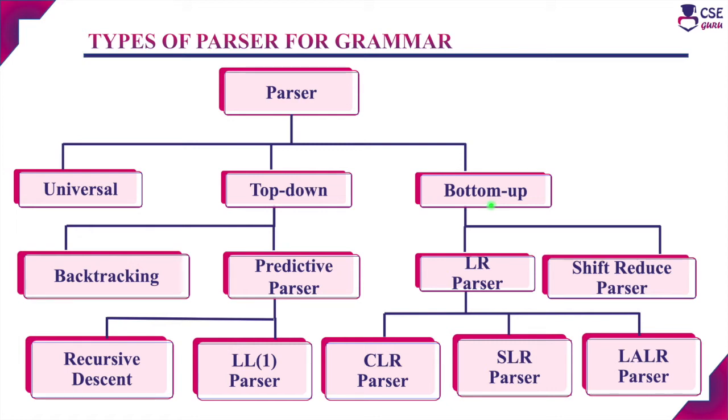This bottom-up parser uses the reverse of the rightmost derivation in reducing the input string to the start symbol. The bottom-up parser is the reverse of the top-down parser. In bottom-up parsing, in every step we have to detect the handle and reduce that handle to a non-terminal. This procedure repeats until we find the start symbol of the grammar.